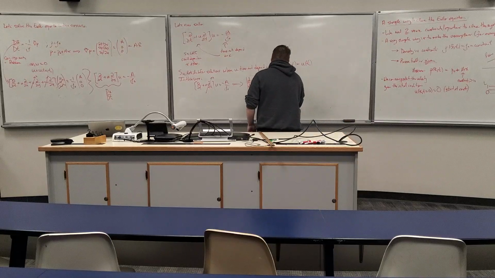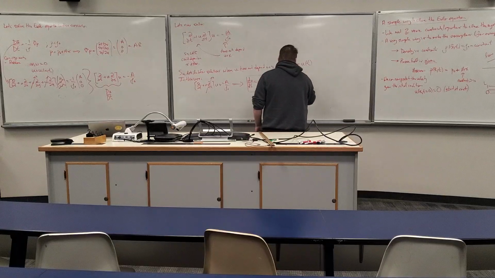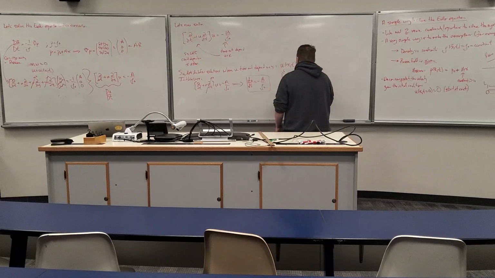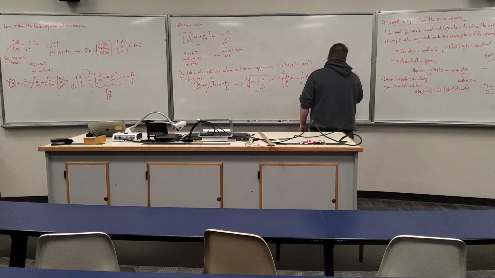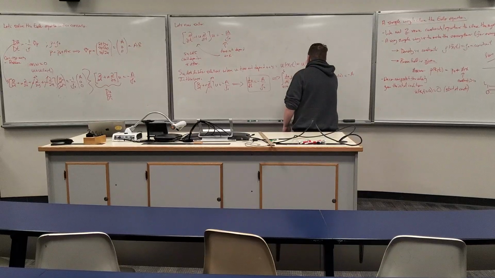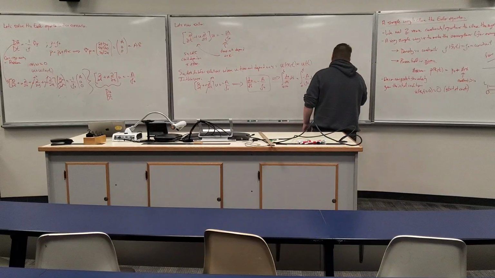We can integrate from t equals 0 to t, du dt, dt equals the integral of minus a over rho naught dt. And so we get here u of t minus u of 0 equals minus a over rho naught times t minus 0.